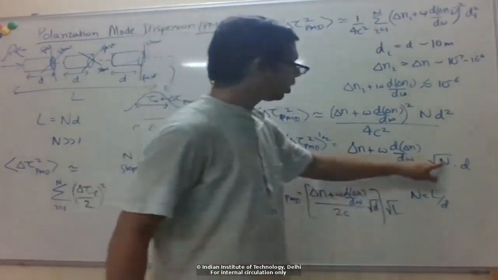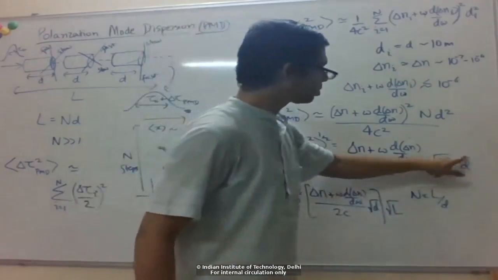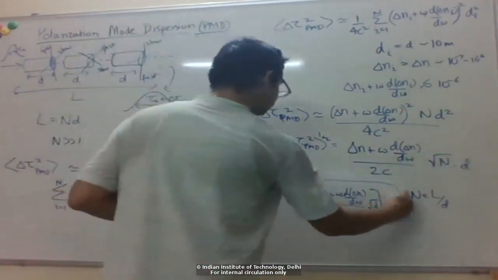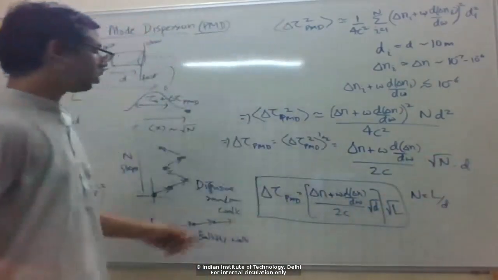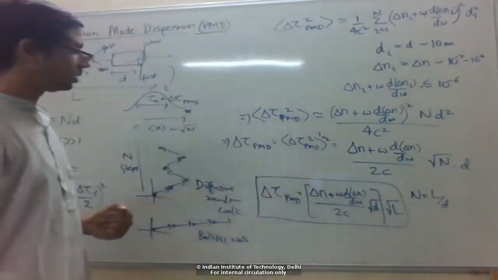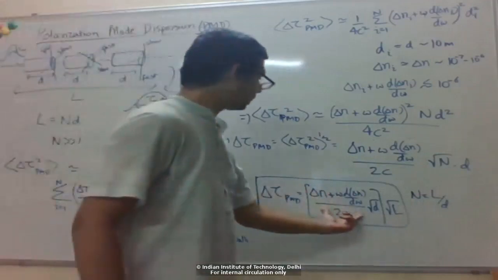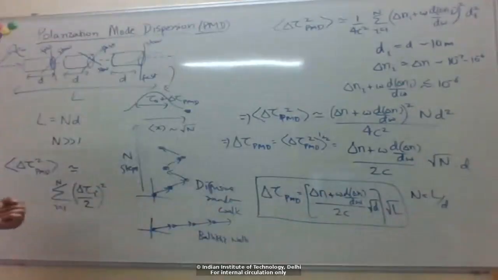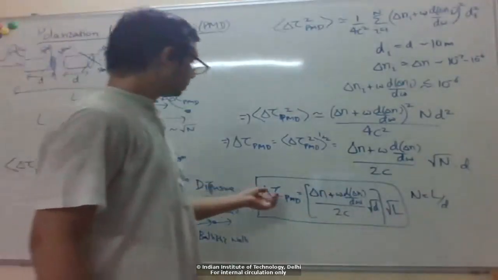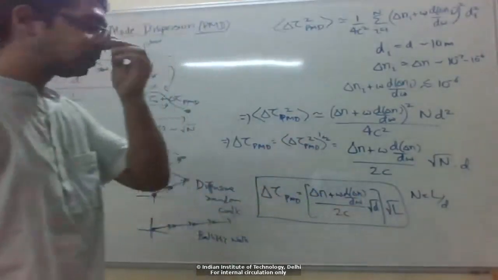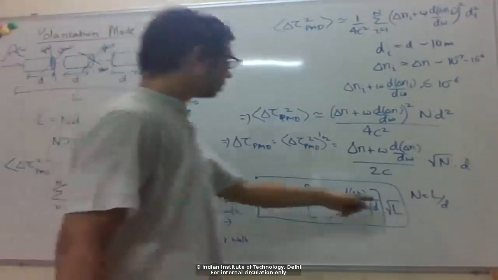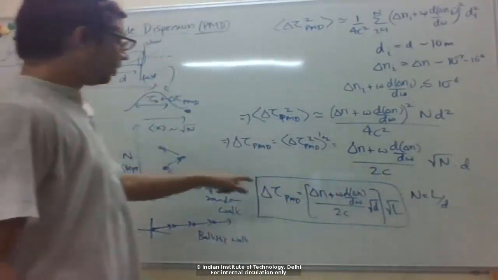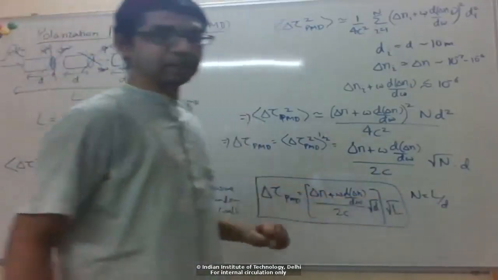Here we put the square root of L over d, so we'll get the square root of L times the square root of d. So we end up with this expression for the broadening due to polarization mode dispersion, which is some constant times the square root of the length. You can see that this is slightly different from the other types of dispersion, where the broadening went linearly with length. Here we have a square root of length dependence.